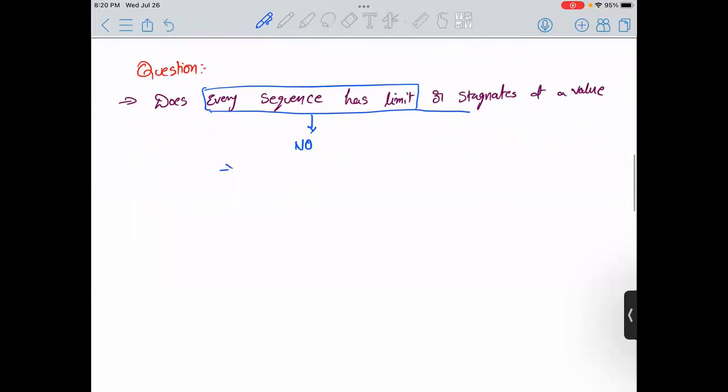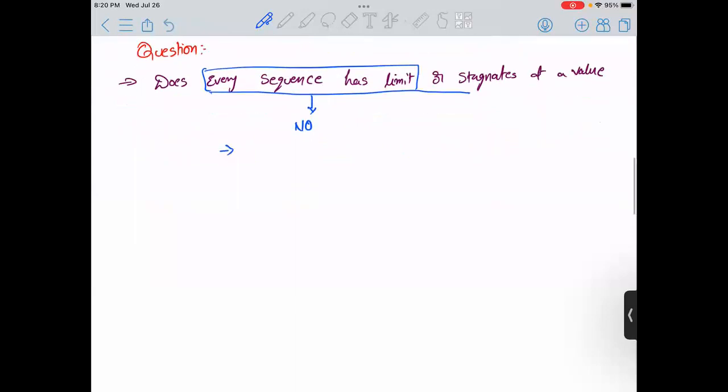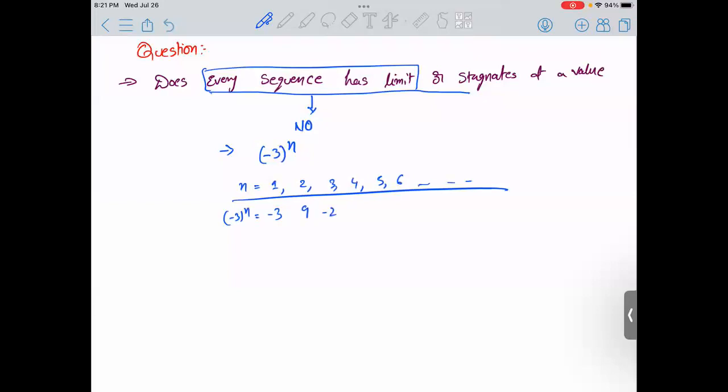Suppose there is a sequence (-3)^n. We write n equal to 1, 2, 3, 4, 5, 6 and so on. At n equal to 1 it is -3. At n equal to 2 it is 9. At n equal to 3, what is the value? -27.